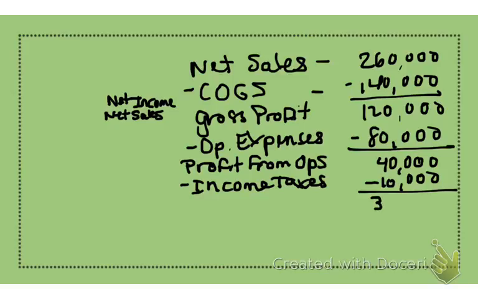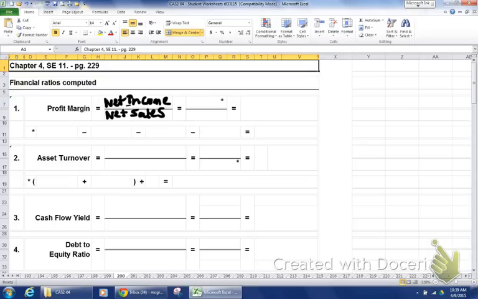And we will get a net income of $30,000. That's the number we will use as our numerator in this problem. So our numerator is 30,000, and then the variable that was already given, our sales, was 260,000.